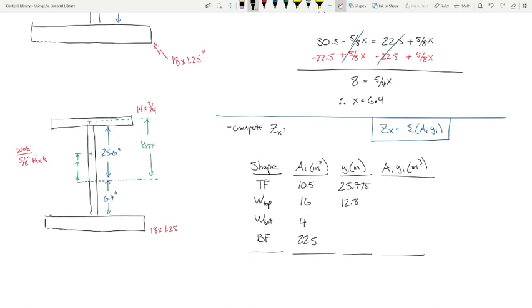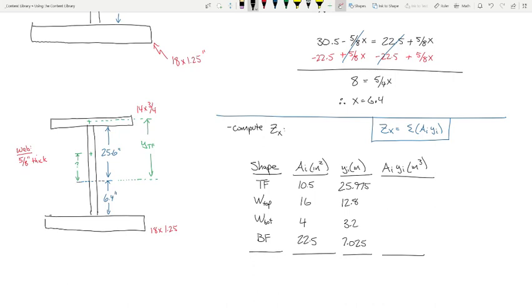What about the bottom? The web bottom portion. 17.85. Well, okay, so that's the bottom flange. Oh, sorry about that. Okay, what about the web portion? 3.2. 3.2.